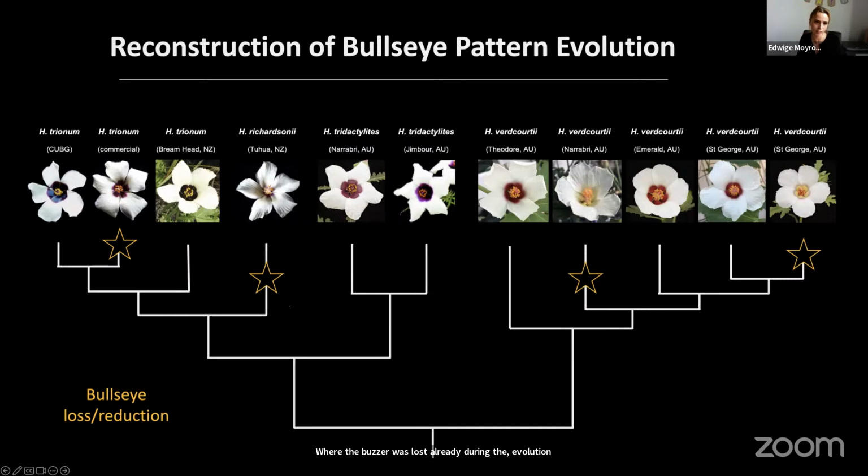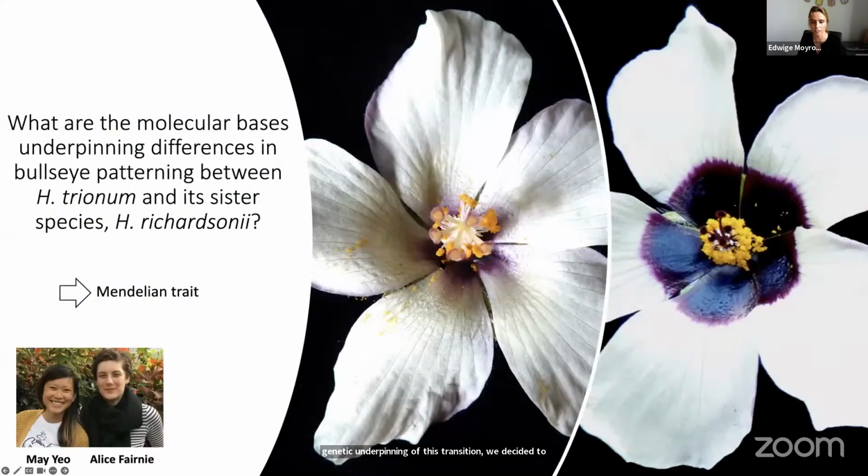And to try to understand the genetic underpinning of this transition, we decided to focus on the sister species of our model species, Hibiscus richardsonii. So the pigmentation is clearly reduced, and May and Alice were able to show this is a Mendelian trait.